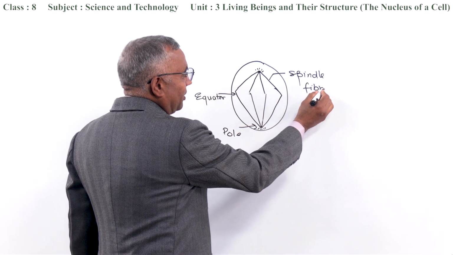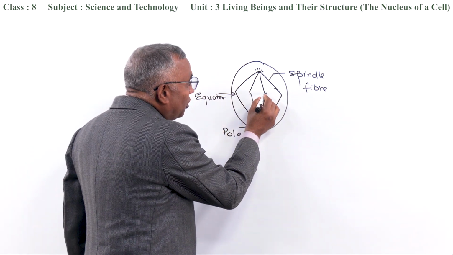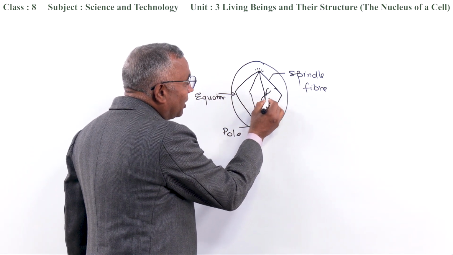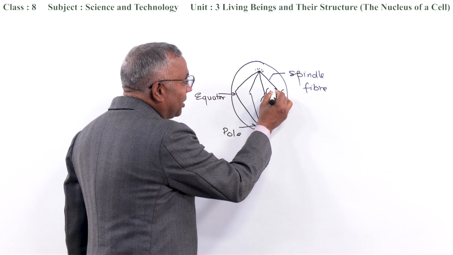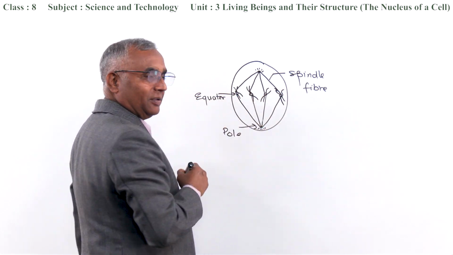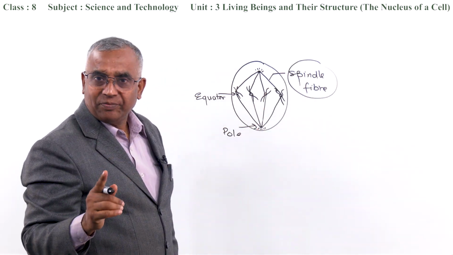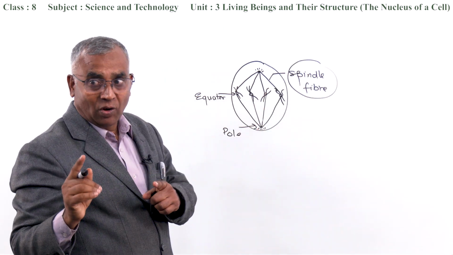Spindle fibers. On these spindle fibers, the chromosomes remain attached here. So, formation of this spindle fiber is done by what? That is done by the nucleolus.